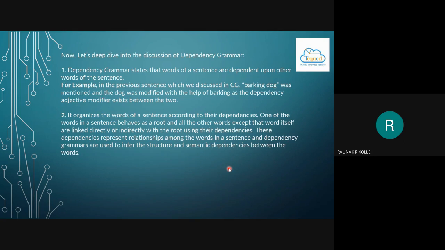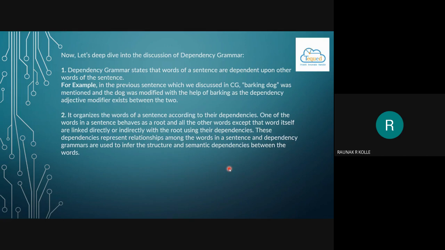Point number two says that it organizes the words of a sentence according to their dependencies. So the structuring of the words in a sentence is changed according to the central element in the sentence. This is something we have often done in English grammar in our younger days in school life, where we change and restructure the sentence so that it matches with the central element of the sentence.